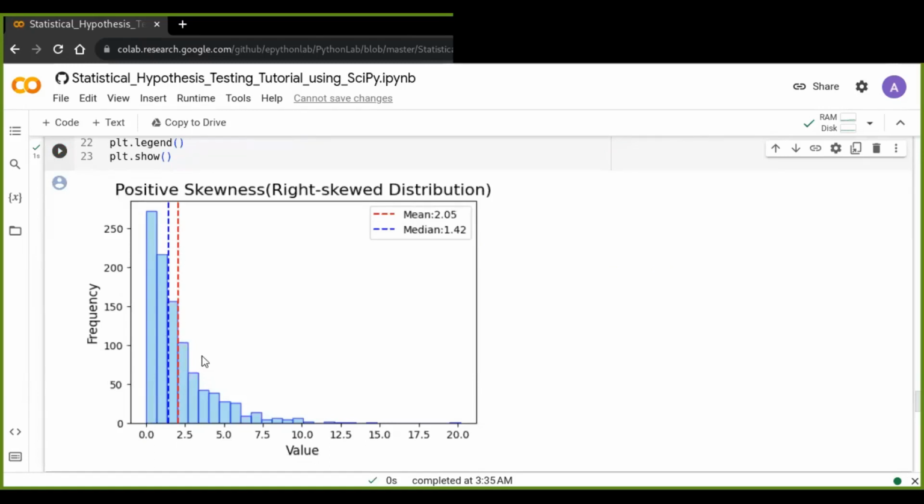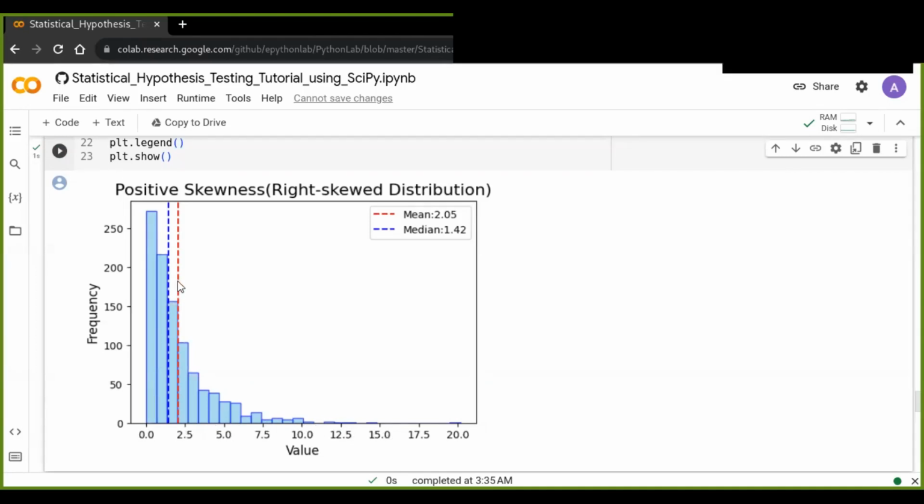So these are vertical lines that represent the mean and median, and the data is distributed with positive skewness, which is a right-skewed distribution, which means the tail on the right side of the distribution is longer. You can see that the tail on the right side of the distribution of the data points is longer.